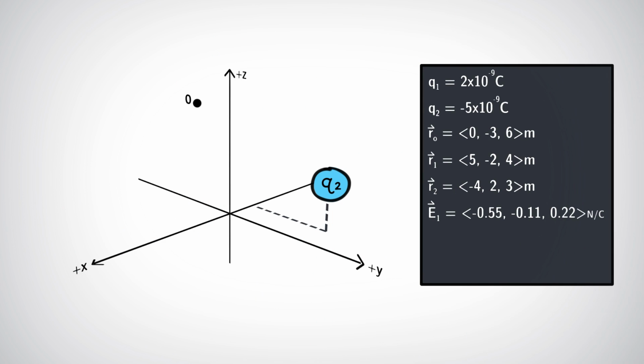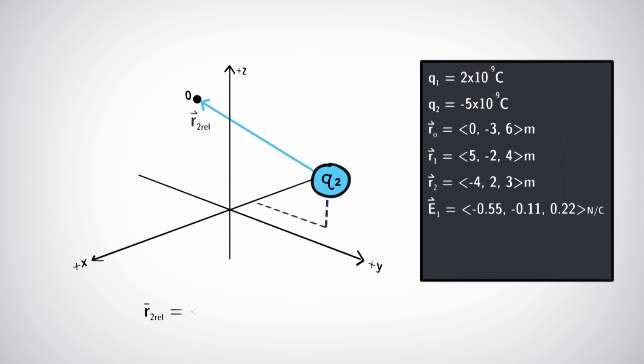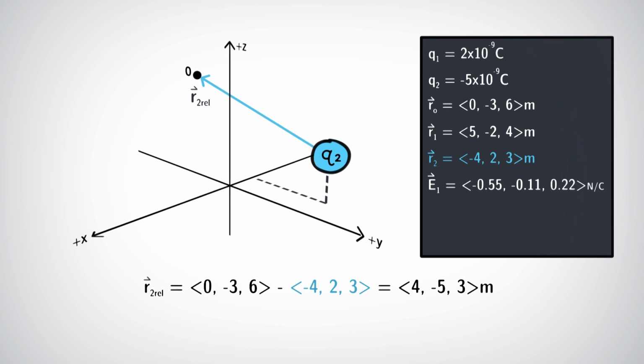Now let's ignore Q1 completely and focus solely on finding the electric field due to Q2. To calculate this, we need the relative position vector R sub 2 rel that points from Q2, the source of the field due to Q2, to location O. That's given by the vector subtraction R sub O minus R2.